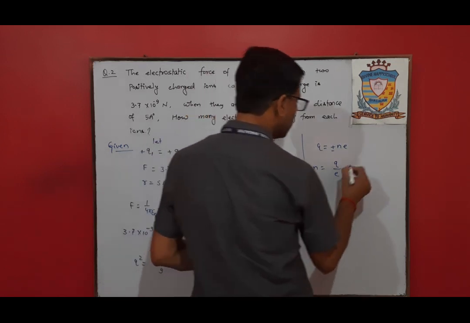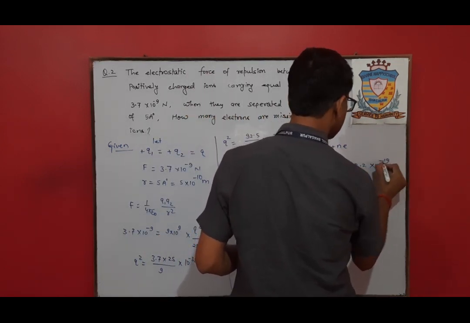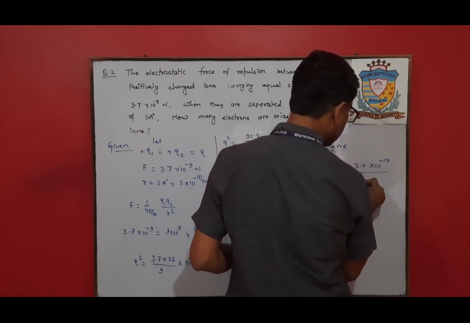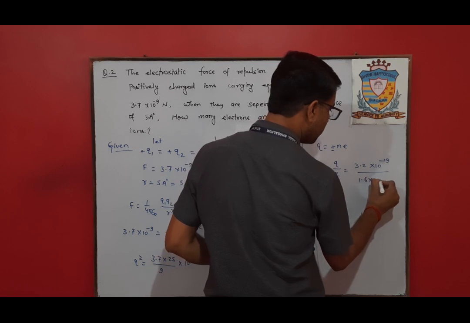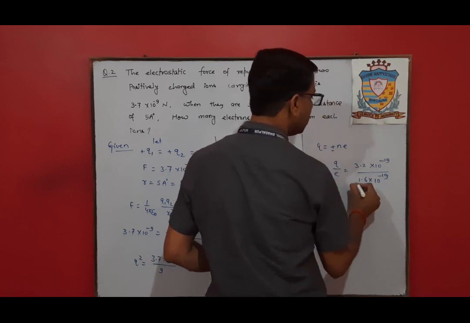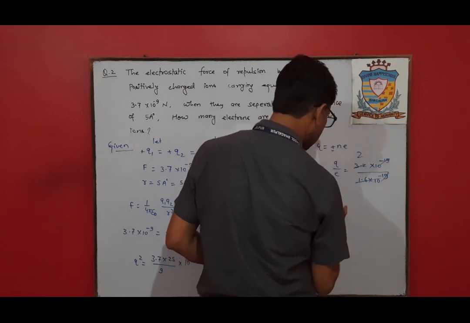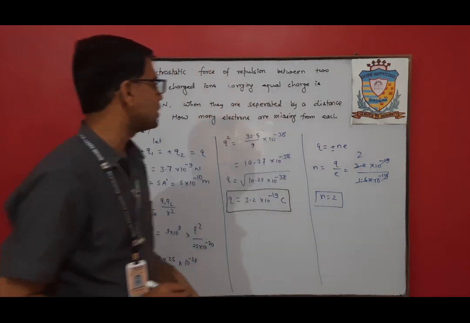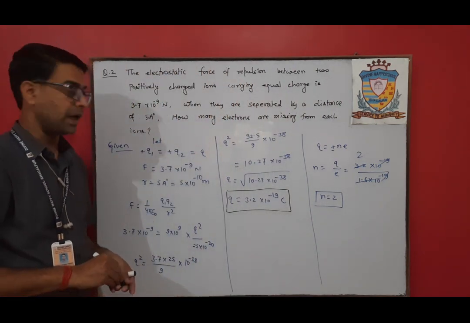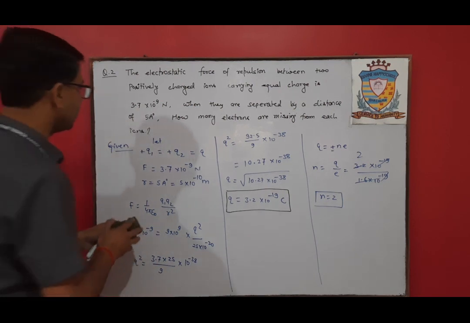The value of Q is plus 3.2 into 10 to the power minus 19 upon e, the elementary charge, which is equal to 1.6 into 10 to the power minus 19 coulomb. So these will be cancelled, and n is equal to 2. That means 2 electrons are missing from each ion. Clear? So this is numerical number 2. Next, third numerical.